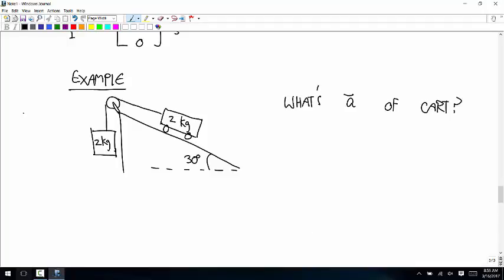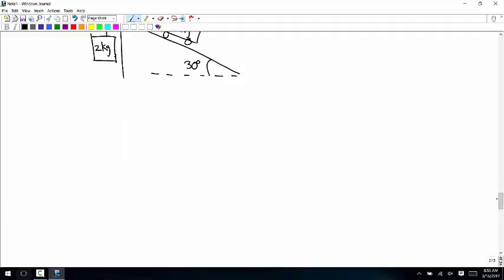I want to talk about one other pulley thing before we go on to friction. I want to talk about pulley advantage.